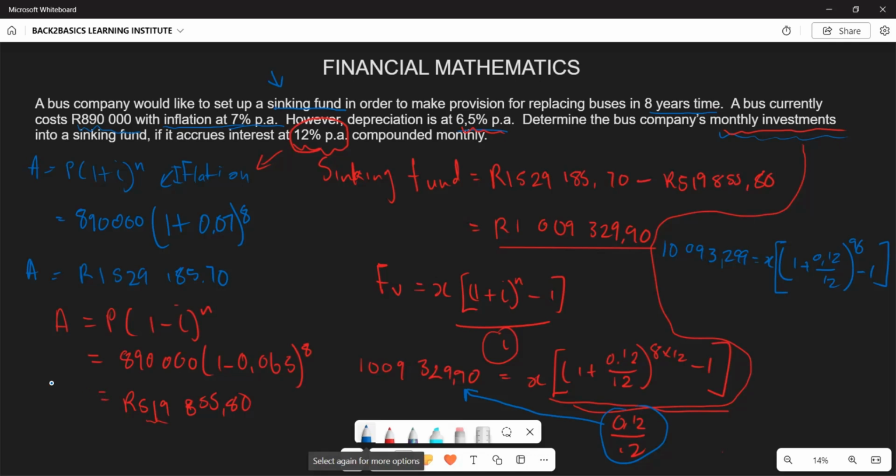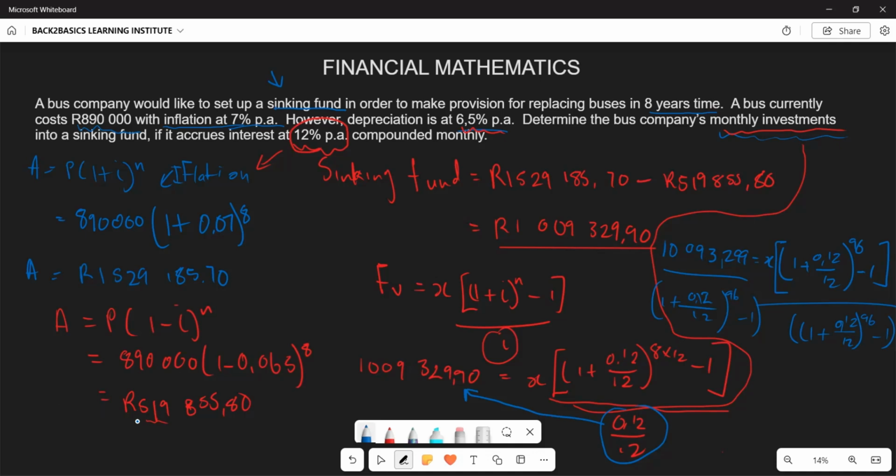Now we can divide both sides by 1 plus 0.12 over 12 to the power of 96, subtract 1. Even here, you can divide with the same value, which is 1 plus 0.12 over 12 to the power of 96, subtract 1. So this is what we are going to divide with.